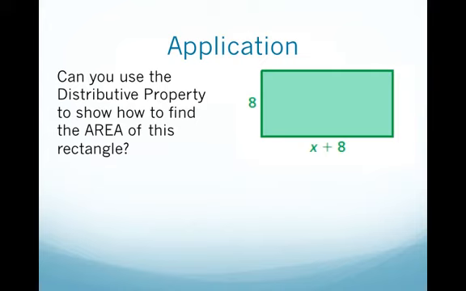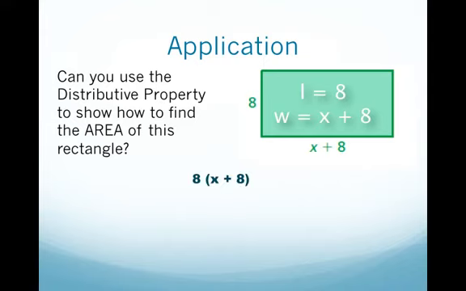Here's an application of the distributive property and a place we might actually use this. It says we want to find the area of the rectangle on this page. First, we need to remember that the area of a rectangle is equal to the length times the width. So if the length is 8 and the width is x plus 8, we can use what we know about the distributive property to simplify this problem.